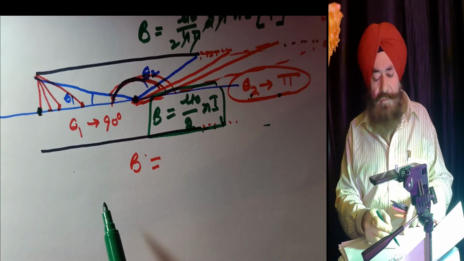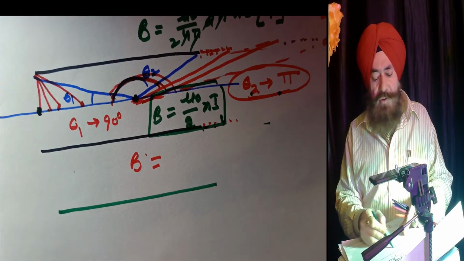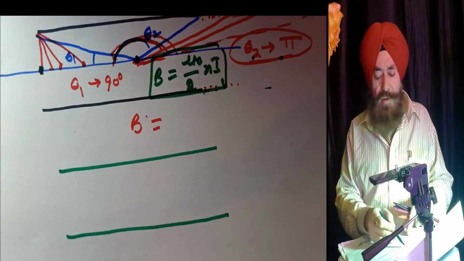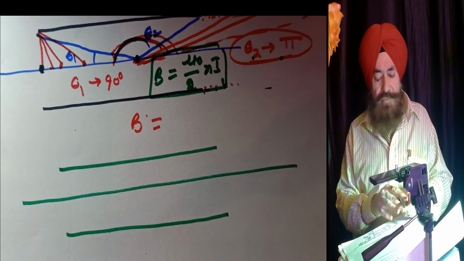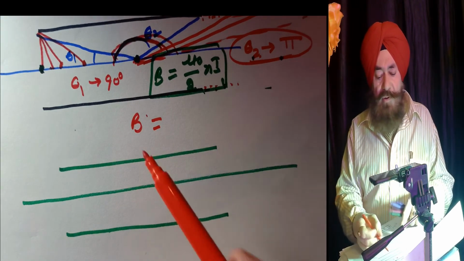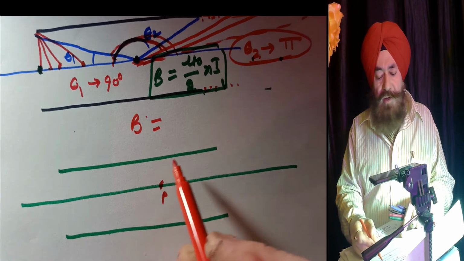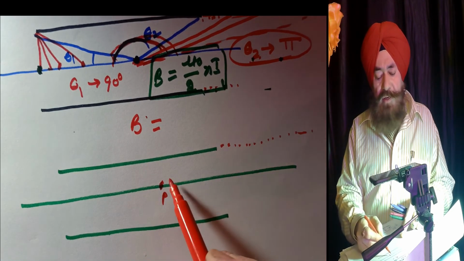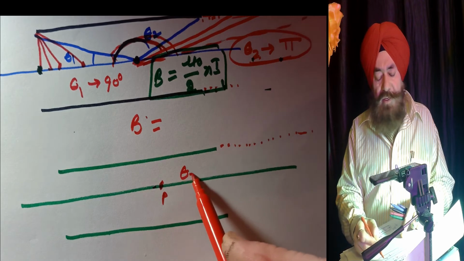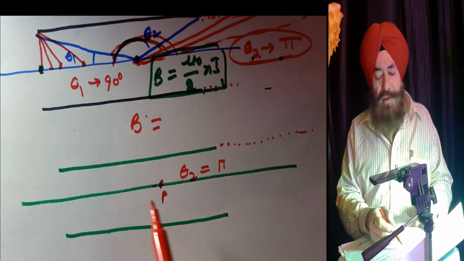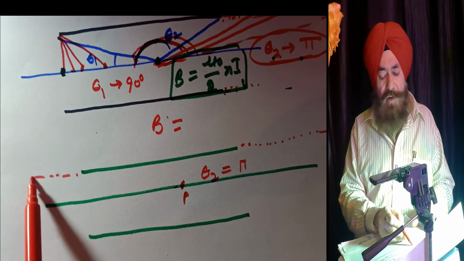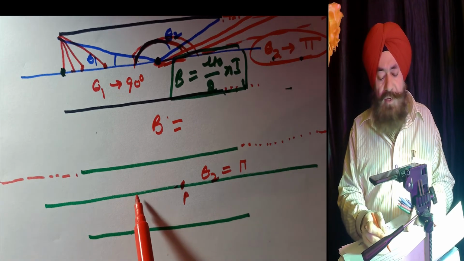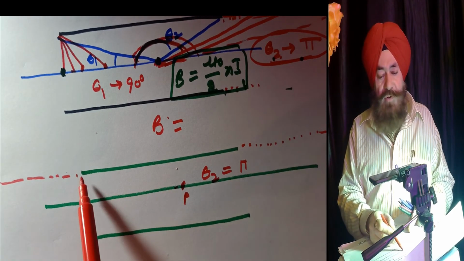Now again, think of this as a solenoid and this is the axis. This is our observation point. If it goes to infinity along this side, then I already explained theta 2 becomes pi. Similarly, if it goes to infinity along this side, then what happens to theta 1?